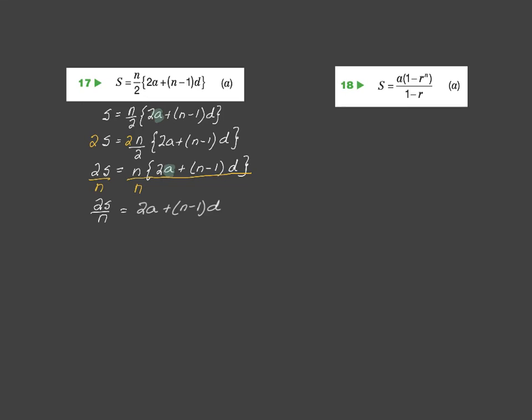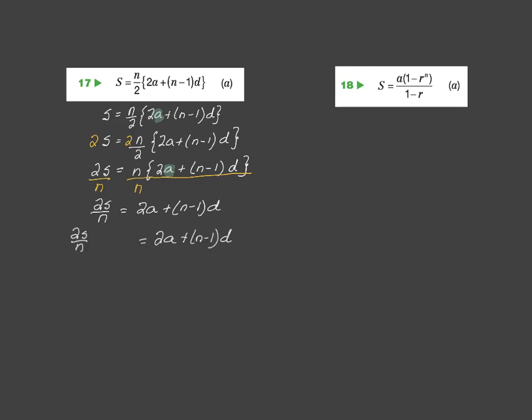Things are starting to look much better. On the left, I have 2s over n. On the right, I have 2a, which is the term where my a is, and then this is all one term. So I can actually get rid of the (n minus 1)d term by subtracting it from both sides.